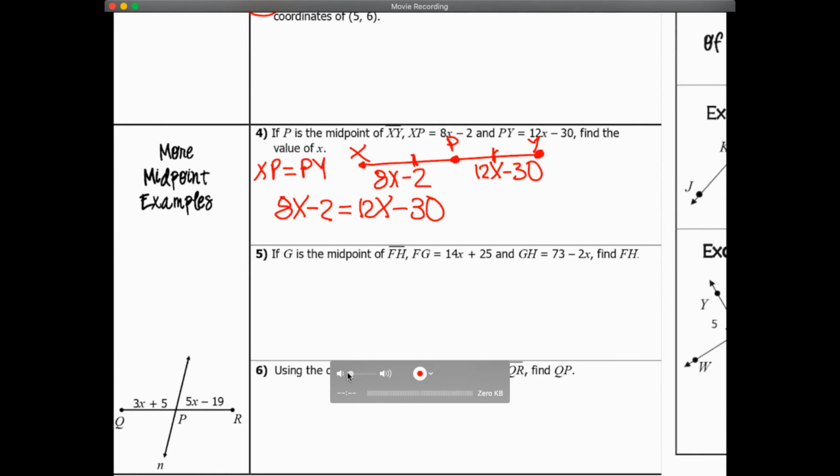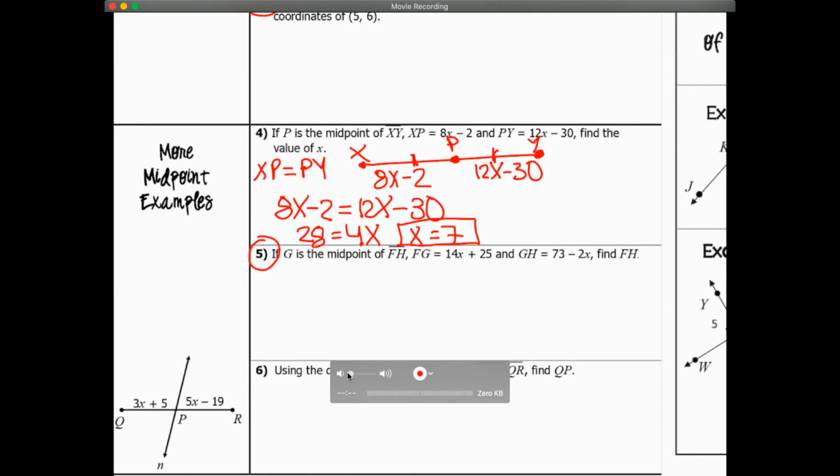And then I could solve. I could add 30 here, so that'd be 28 equals 4x, so x is 7. That's my answer. I'm going to let you try 5 on your own.